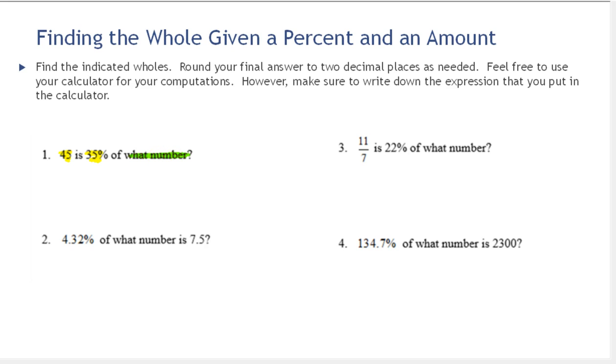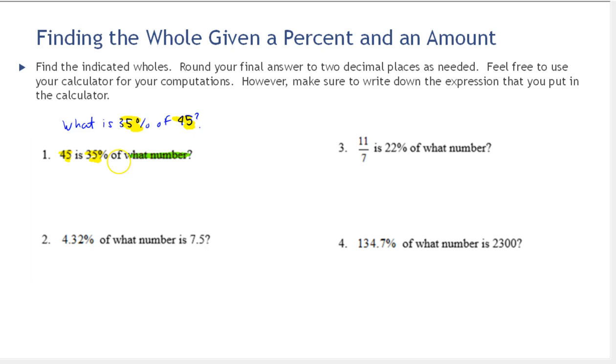Frequently students will see this problem and they'll say, I'm going to find 35% of 45. They interpret this as, what is 35% of 45? But notice how this structure is different. Here we're given 45 and 35%, but 45 is followed by the word of, so here 45 is the whole.